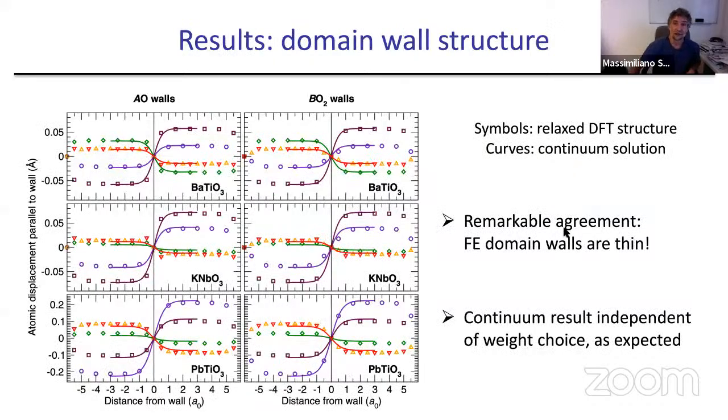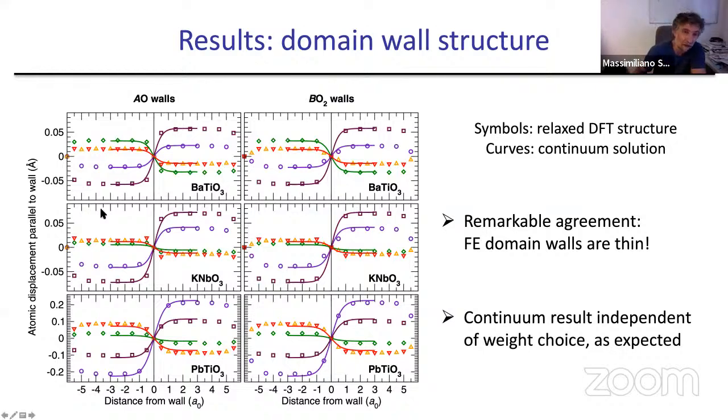So this is what we get for the domain wall structures. The symbols are the relaxed DFT distortions. The curves are the continuum solutions. And actually, I find it quite remarkable that we can get atomic positions from the continuum model. It is quite ironic, actually, that the continuum model gives a unique answer for the atomic positions, but an ill-defined answer for the strain. This is sort of ironic if we consider that the strain is usually considered a typical macroscopic degree of freedom.